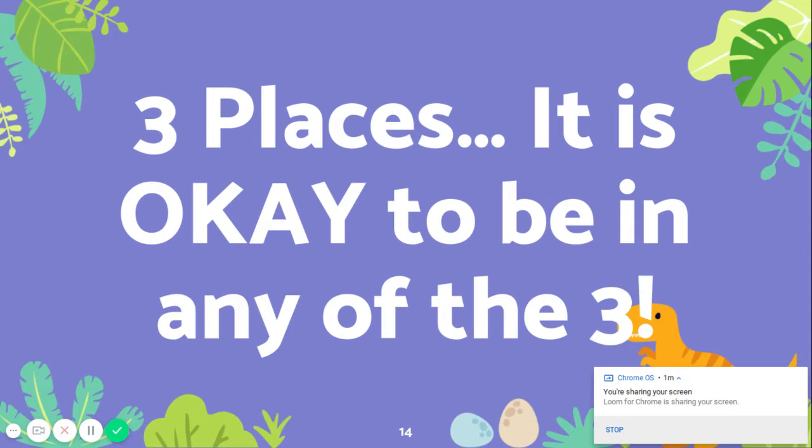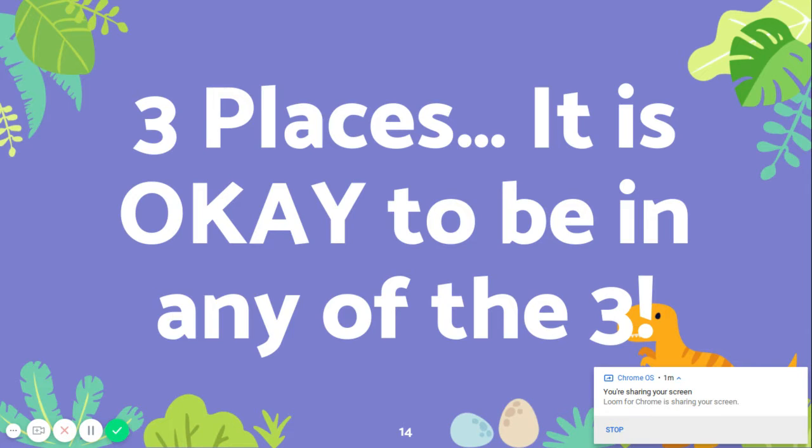So there are 3 places where students can be right now, right? I don't mean places like home, the park, grandma's house, grandpa's house, the store, all that kind of stuff.